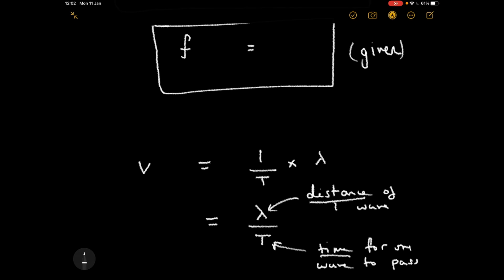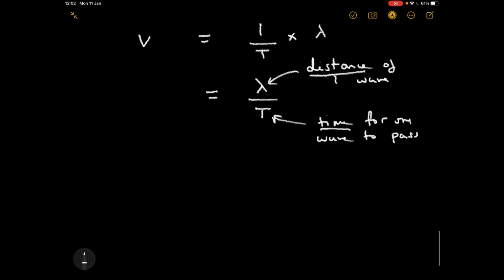Exactly why, with waves, we decide to work with frequencies as opposed to time periods, it's just a decision that was taken. So there's no fantastic reason that I know of intuitively, but it does lead us to the idea that we tend to, by convention, use the relationship v equals f lambda rather than v equals lambda over T. That tends to be what we use.